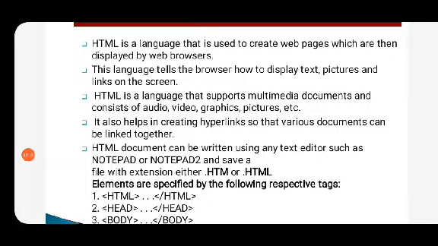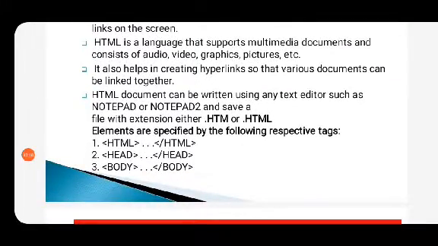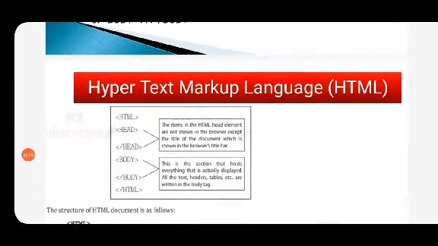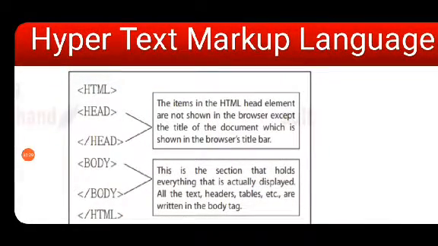The basic tags that we use in HTML are html, head and body. These are the basic ones. Let us see the structure. In the head tag, the items in the head element are not shown in the browser except the title.